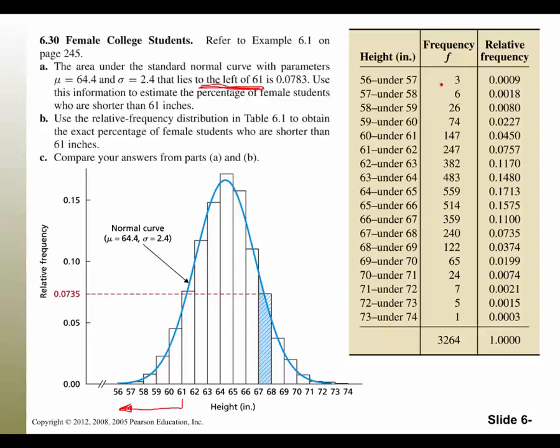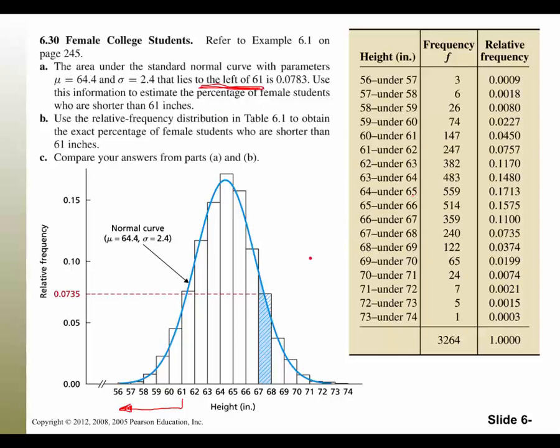So they're saying that with this distribution, to the left of 61 is 0.0783. Use this information to estimate the percentage of female students who are shorter than 61 inches. So we're going to use this information.